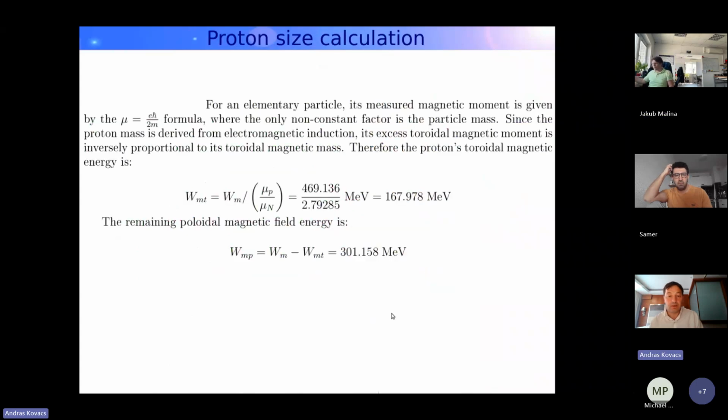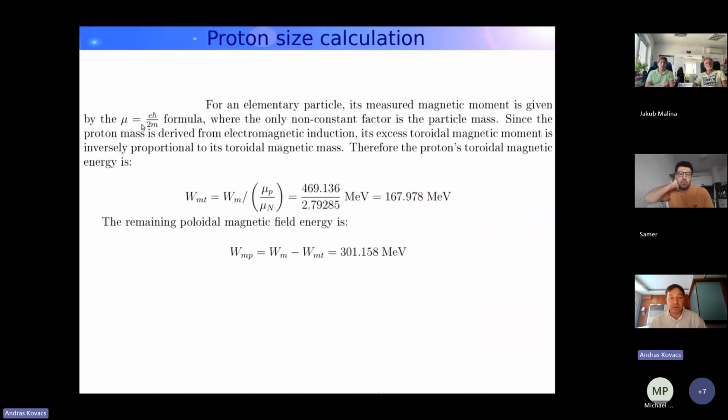Okay, so with this background, let us go forward to the magnetic energy considerations. The magnetic moment is given by this simple e h bar over 2m formula. And for any particle, when you consider this formula, the only non-constant factor is the particle mass. Everything else is constant.